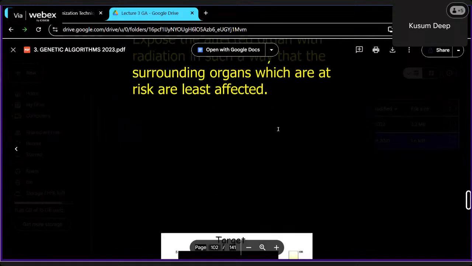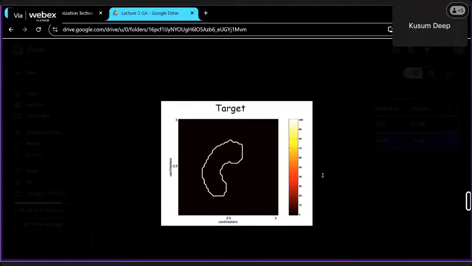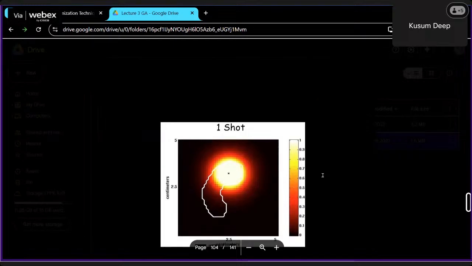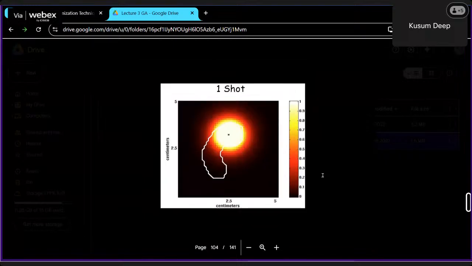So how to do this? Imagine this is an organ which is affected by the tumor, and it has to be treated with the help of radiation shots. So we'll apply the circle packing problem. That is the first shot.